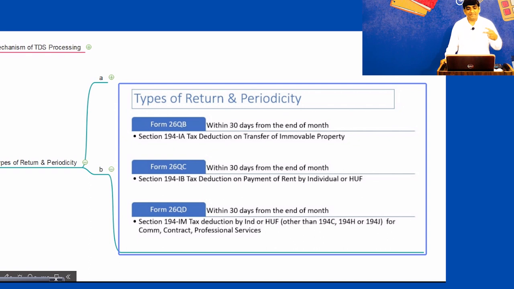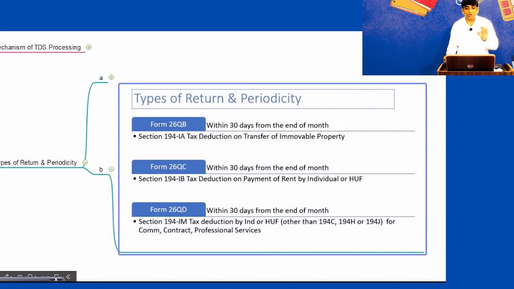The last two forms are basically for individuals and HUF, and are required only if you are not a business entity or you are not filing returns under the above mentioned form 26Q. If you are not filing the returns on form 26Q, then you are required to file form 26QC and form 26QD.